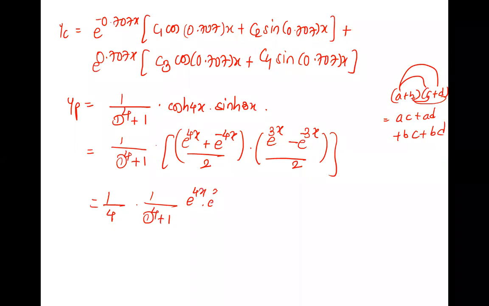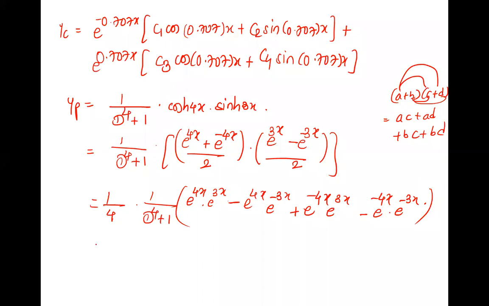Then this into this: plus and minus, minus, e raised to 4x into e raised to minus 3x. Then this: plus plus, both are plus, e raised to minus 4x, e raised to 3x. Then plus and minus, minus, e raised to minus 4x into e raised to minus 3x. Right?